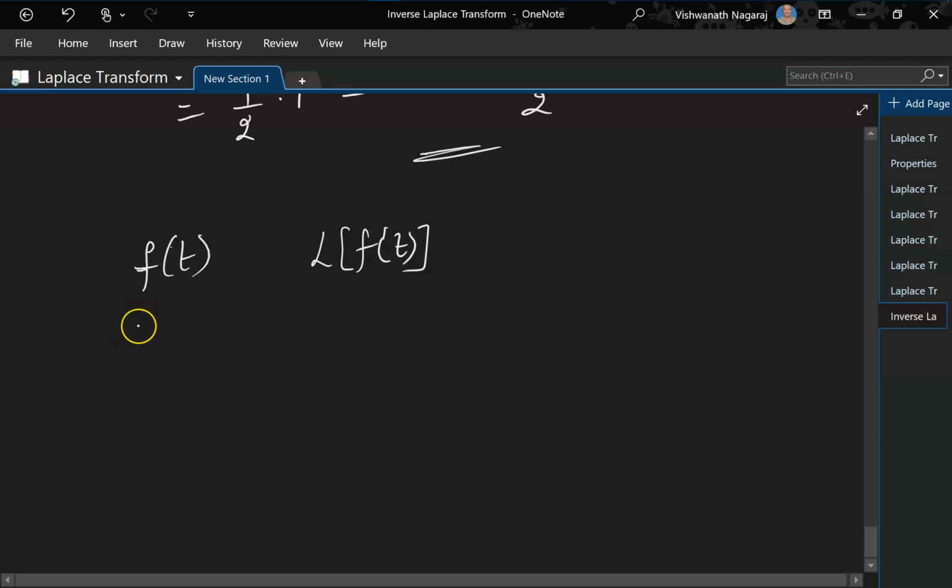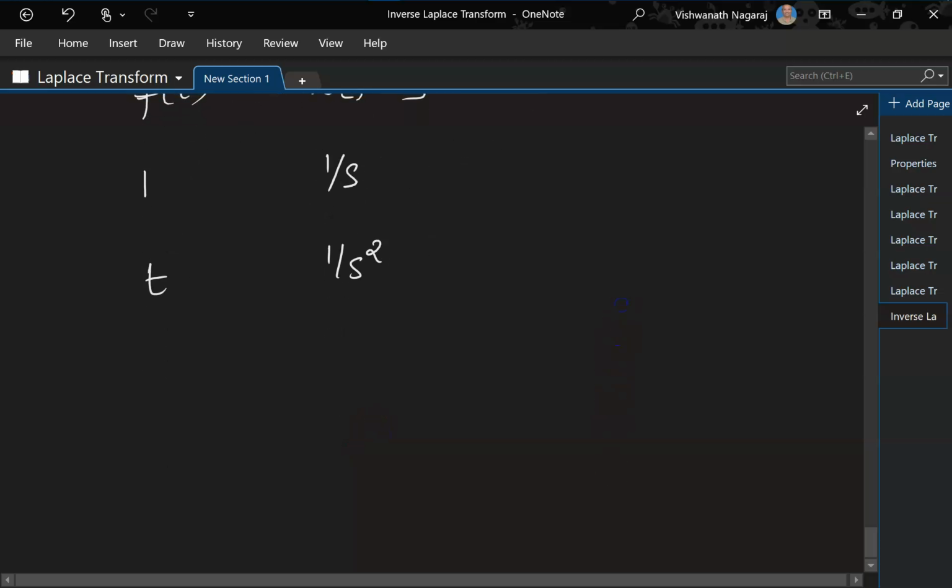So now 1. If it is 1, then it is 1 by s. If it is t, it is 1 by s square. If it is t square, it is 2 by s cube. And in general, t to the power of n is n factorial by s to the power of n plus 1.